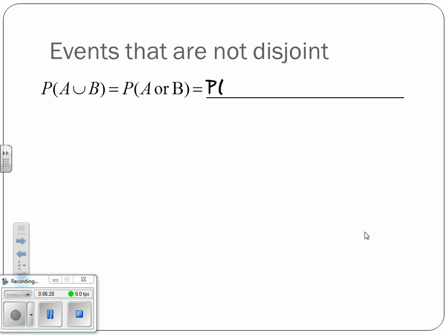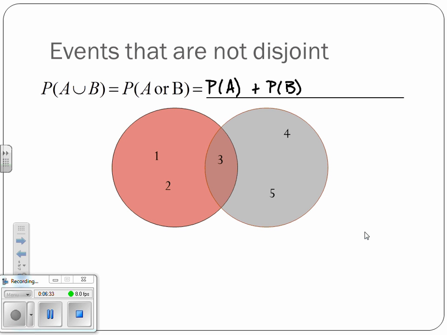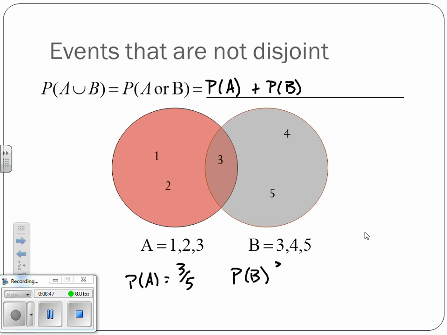When we see A, we want the probability of A plus the probability of B. But the issue here, if we wanted to figure out the probability that something's an A or B, there are three things out of the five in A, and three things in B. So if I did the probability of A or B, that would turn into 3/5 plus 3/5, which is going to violate one of our probability rules. We're over 1. Well, the issue here is that we're double counting 3.